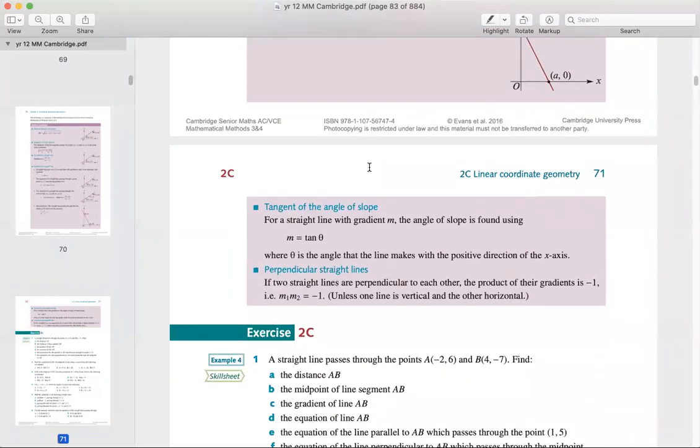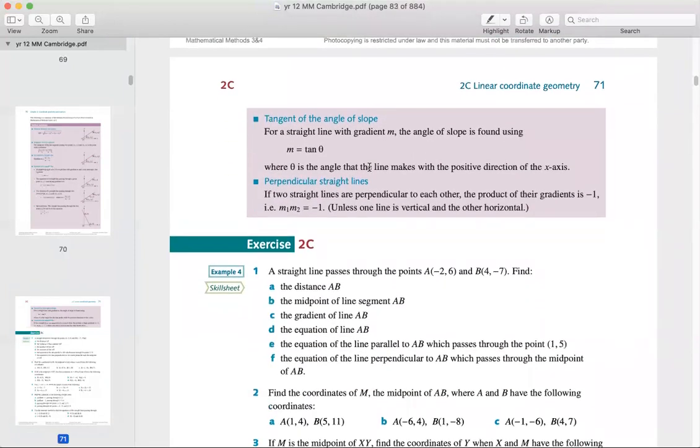Okay, and for the next one, I really need to emphasize here, tangent of the angle of slope. Because the gradient is equal to (y2 minus y1) over (x2 minus x1), which is rise over run, and it also equals tangent theta. And later on, it also equals dy over dx.